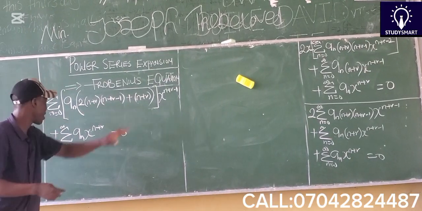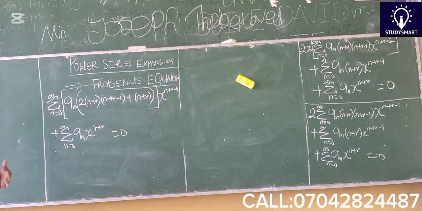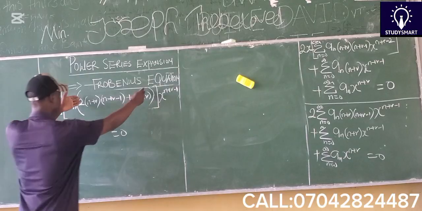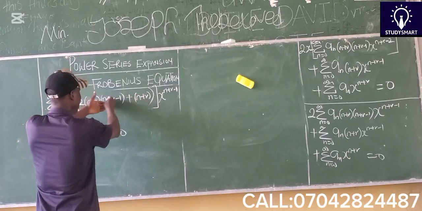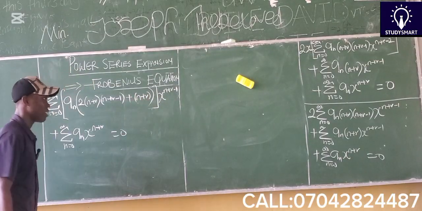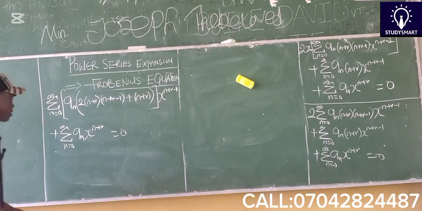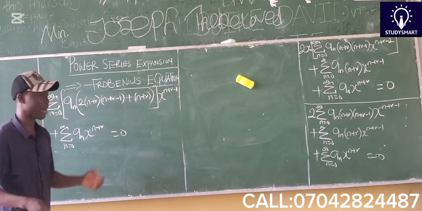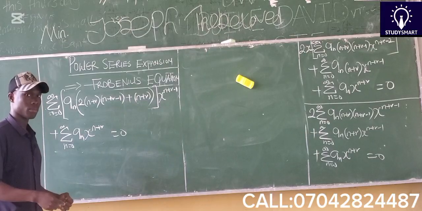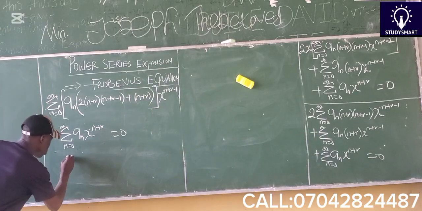Now from the first term, let us substitute n equal to 0 in this expression enclosed inside this bracket. I'm not going to be touching the other things here. This is my major focus, so that I can get my indicial equation. So I'm going to substitute.